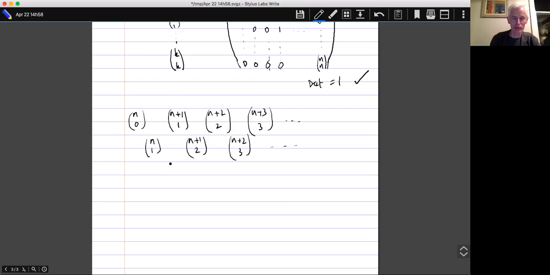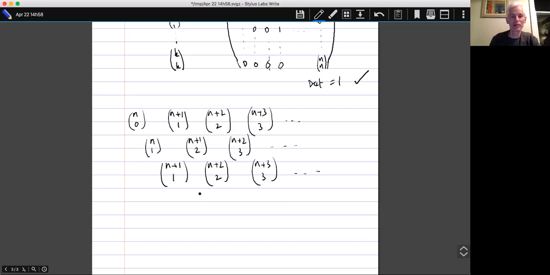And the second differences will then be n plus 1 choose 1, n plus 2 choose 2, n plus 3 choose 3.